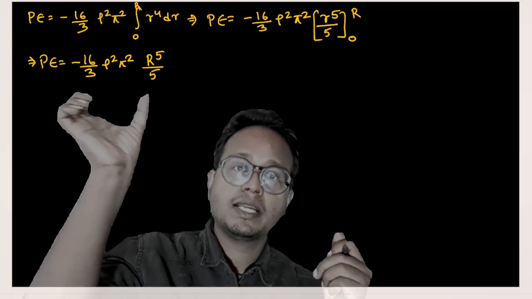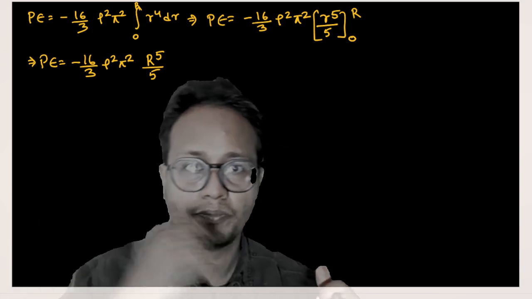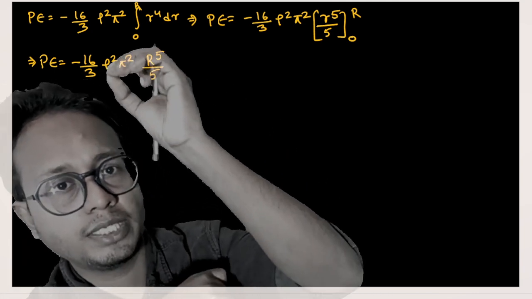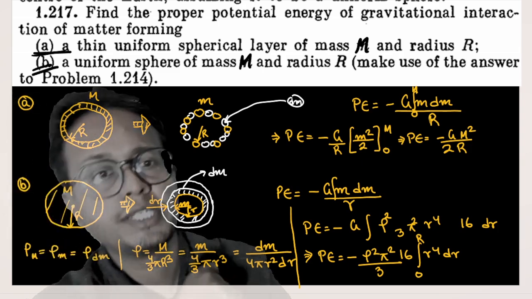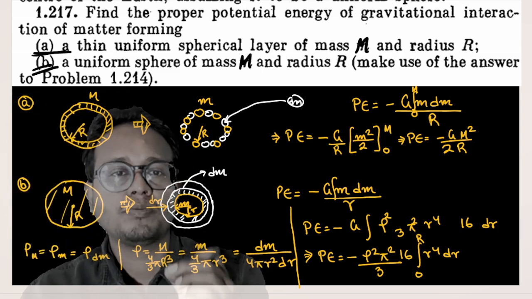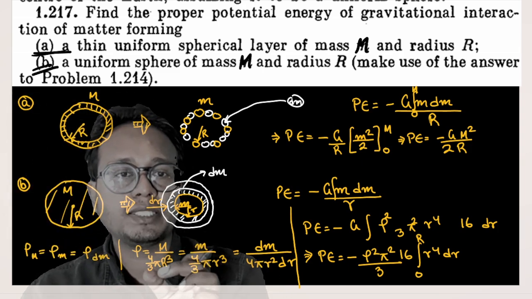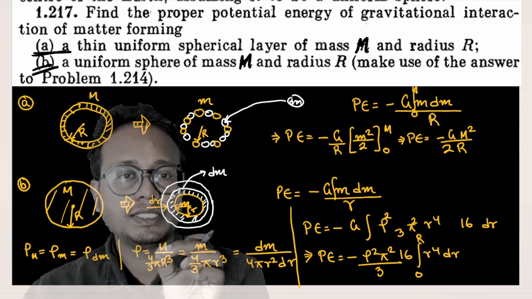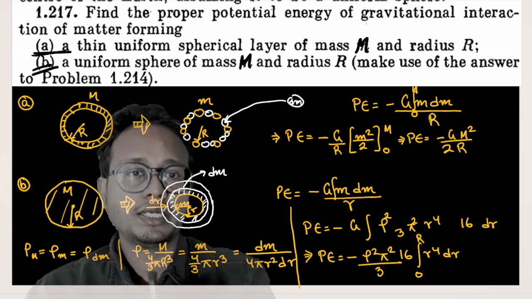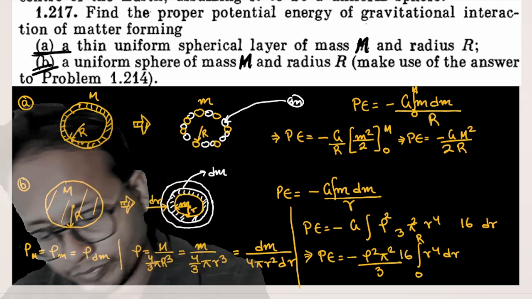Now suppose this is the answer, and I want the answer in terms of mass. I'll just substitute the terms of mass here. And how do I do that? By using the same equation. We know that density is equal to mass by volume, so mass of the planet is equal to density into 4 by 3 pi R cube.